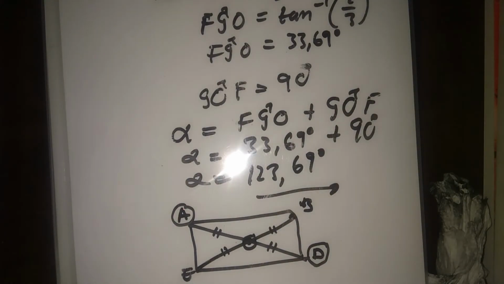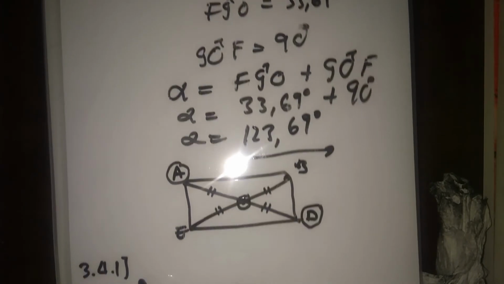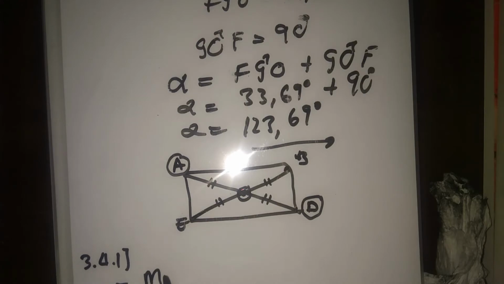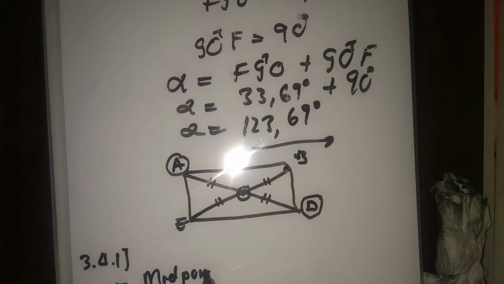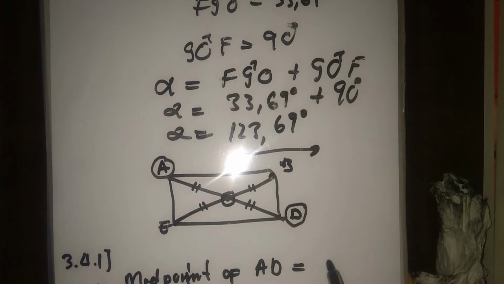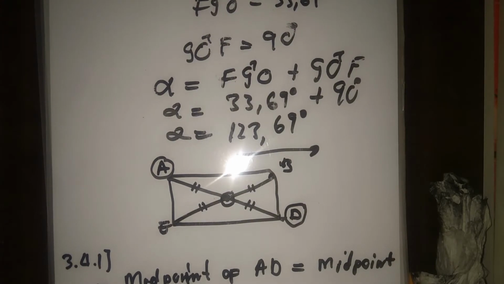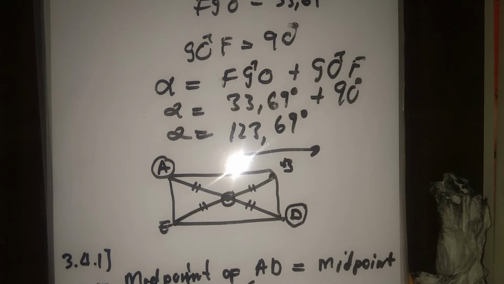And what is provided as a reason, 3.4.1? Maybe before doing a calculation, we can say the midpoint of AD is equal to the midpoint of BE, by a property of a rectangle, right? Something like that.